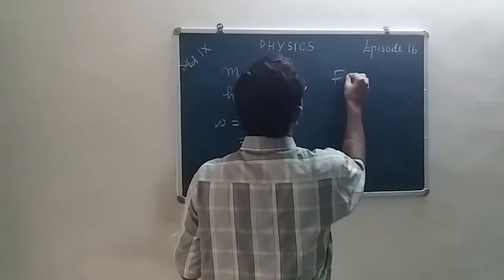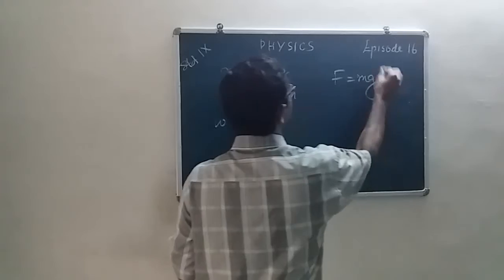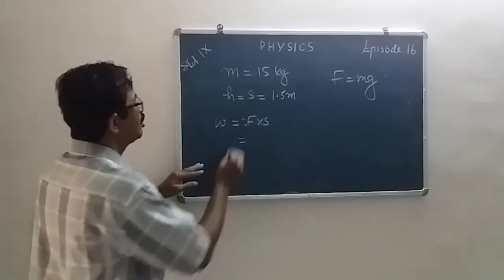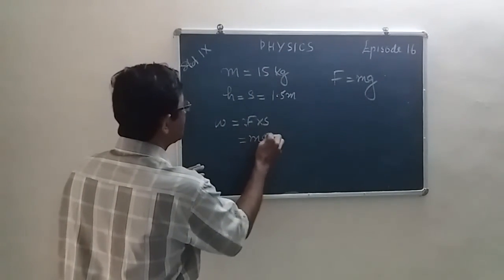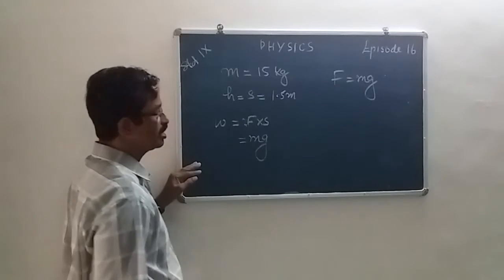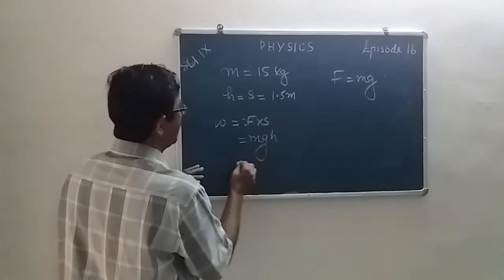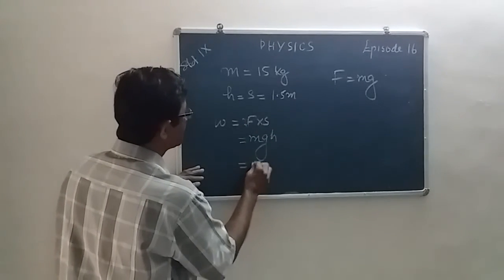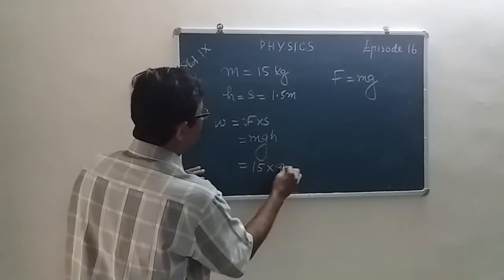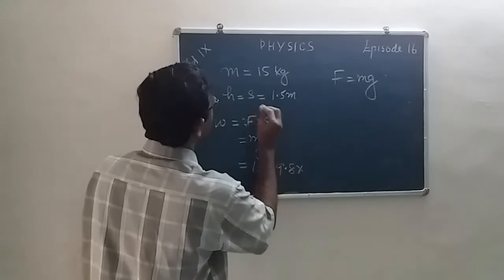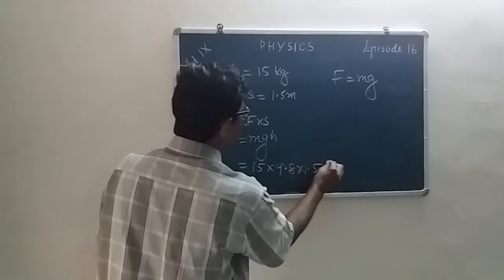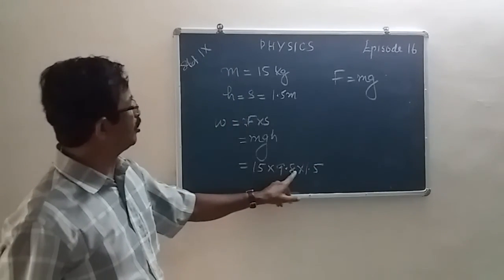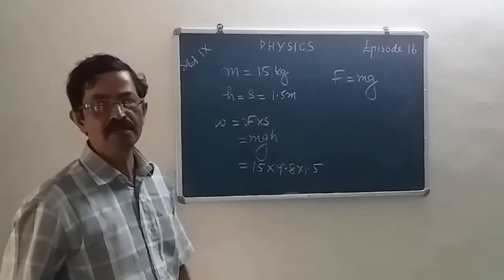So F is equal to mg. Instead of s we can take h. Then m is 15, g is 9.8, h is 1.5. So 15 into 9.8 into 1.5.